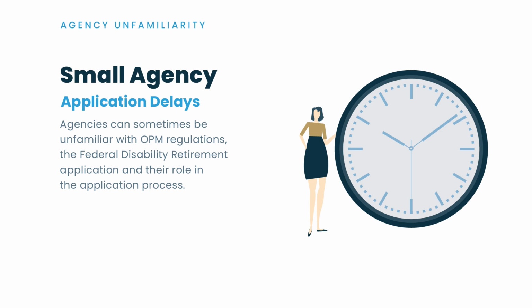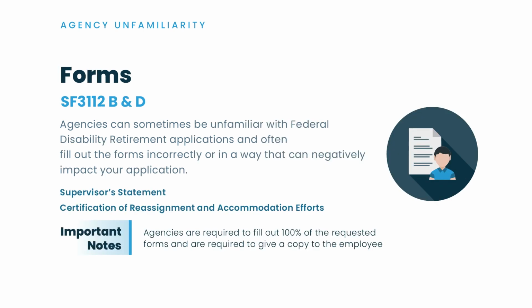Some small agencies have their own separate HR departments, and maybe this is the first time that HR specialist is seeing a disability retirement application. That's the first time a supervisor is seeing the form for disability retirement for them to complete. And they may have questions or concerns. They may fill out things incorrectly. But the best thing to do is just be patient with them and know that it's a cooperative process.